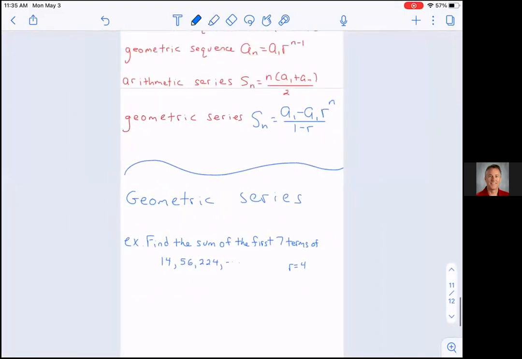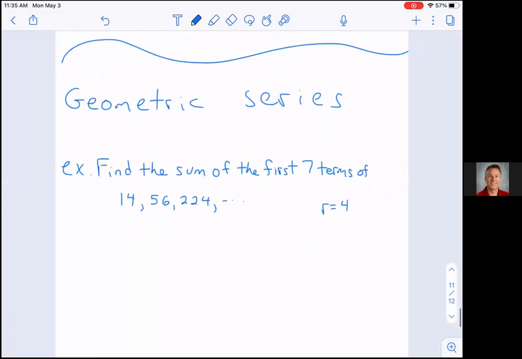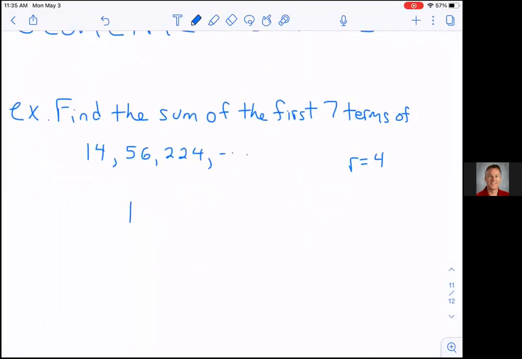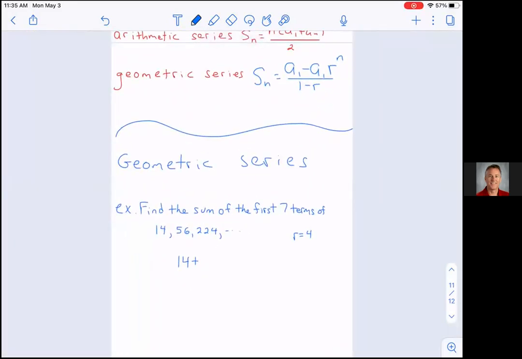I'm going to use that formula that we just talked about. So it's going to be a sub 1, which remember means the first term, right? So where's the first term? There, it's 14. So it's a sub 1, minus a sub 1 times R to the n.